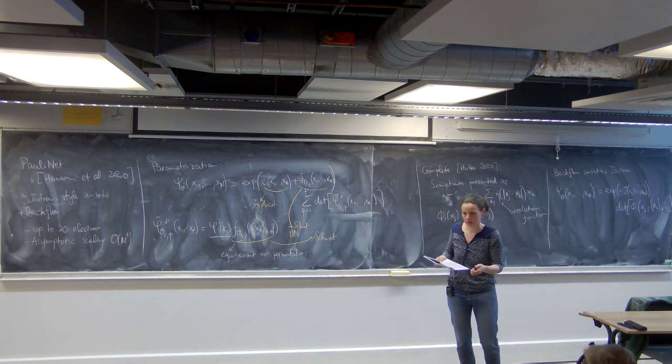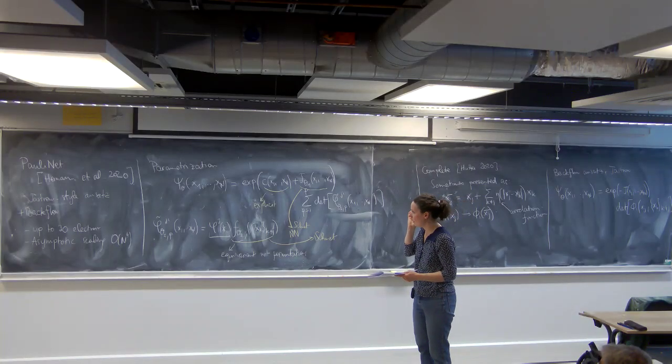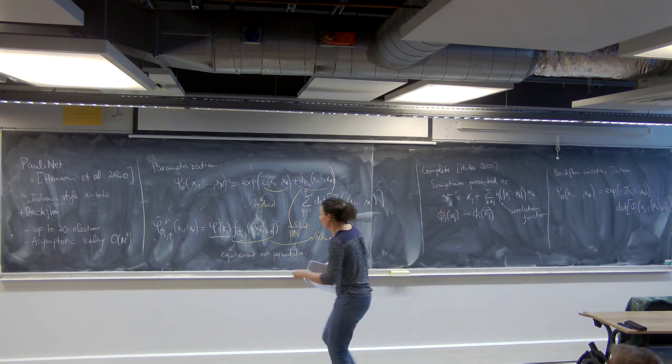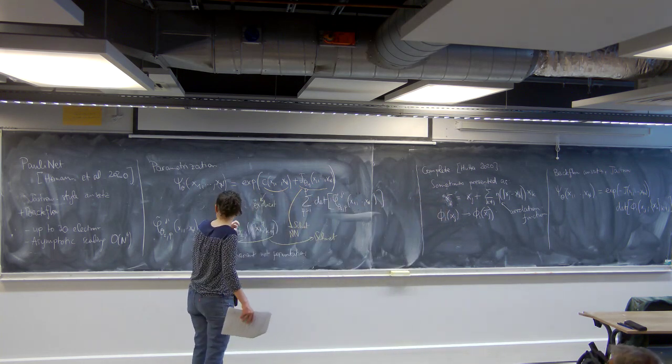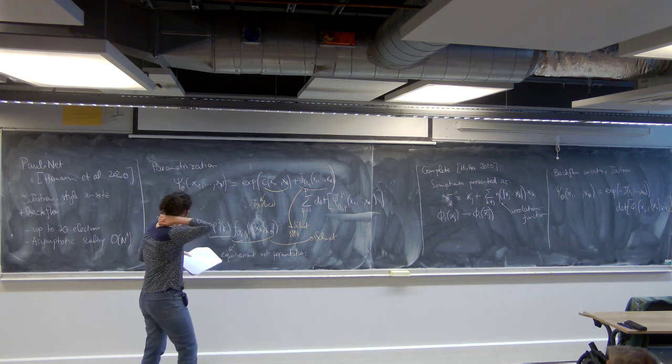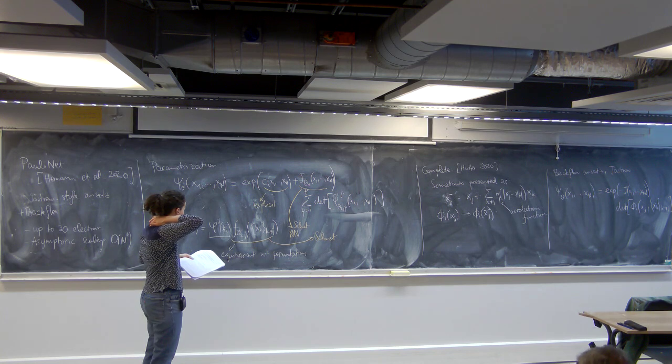Is it different for different i? No, it's the same F theta for all the i. Okay, sorry, this should be J somehow, but then there is no i.